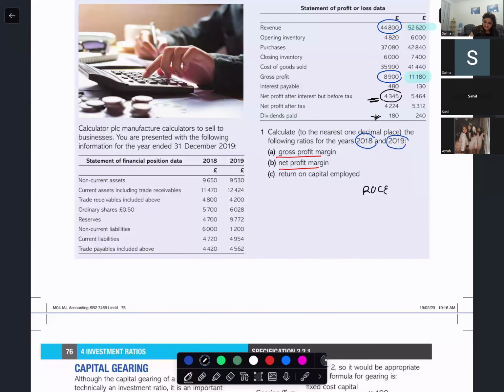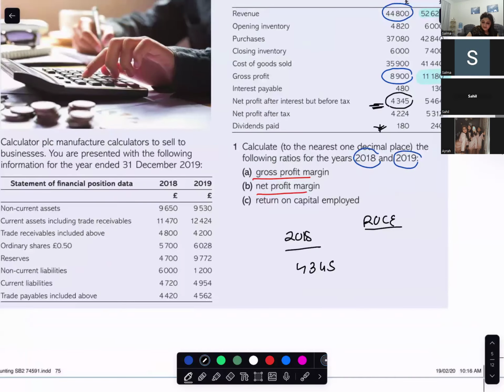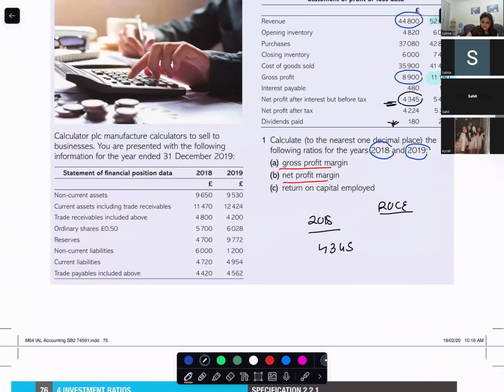ROCE for 2018. Profit before interest, before tax. How much? 4345. But 4345 is after interest. See, 8,900 is the gross profit, interest was 480, and 4345 is after interest.